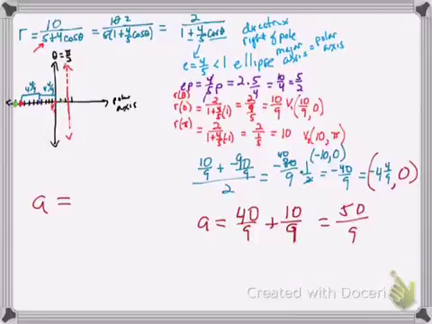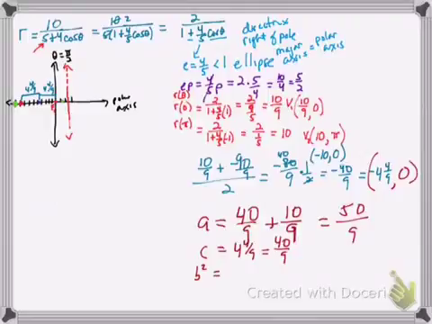And then our C, we did just find that one. That was the 4 4/9, or 40/9. So this is probably easier to think of as an improper fraction when we're doing this, because now we have to find out what B is.